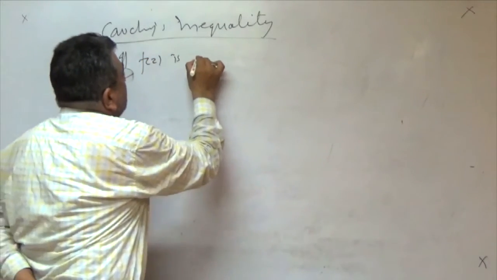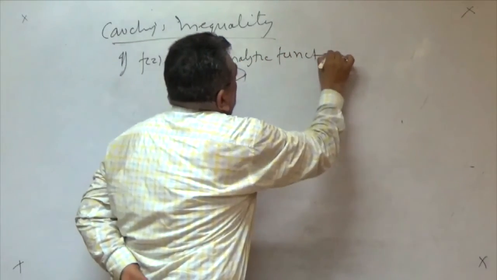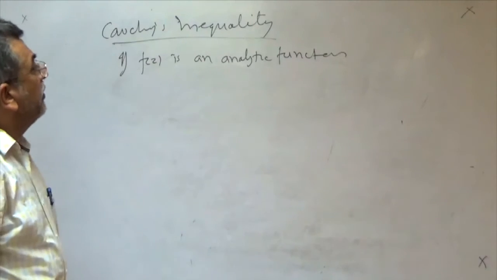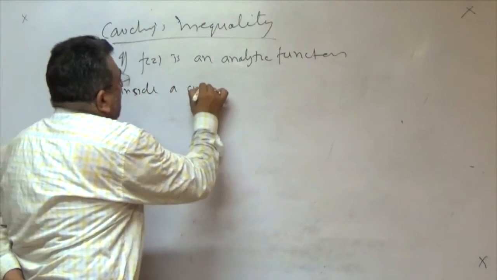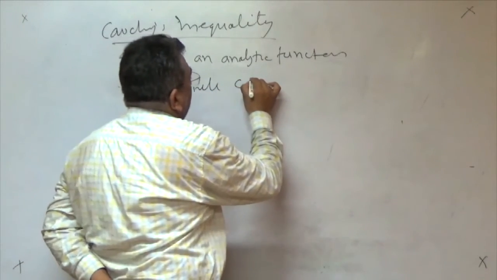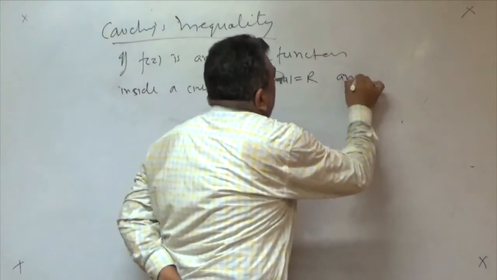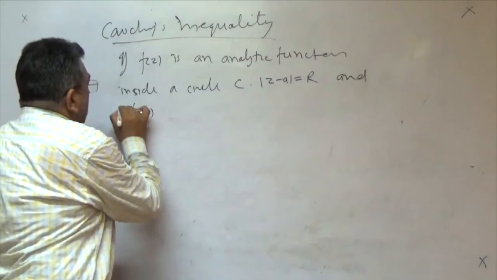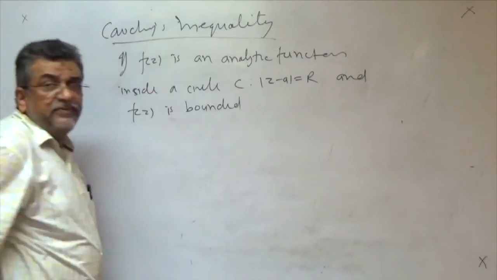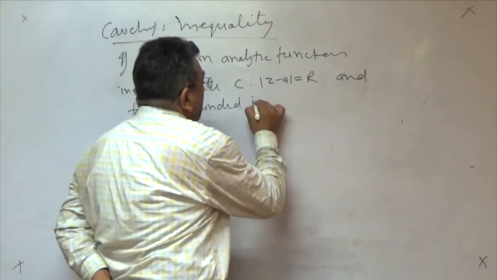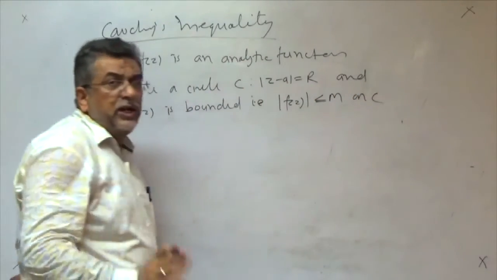If f(z) is an analytic function inside a circle C, |z minus a| equal to r, and f(z) is bounded, that means mod of f(z) is less than or equal to M on C, where M is a positive constant.